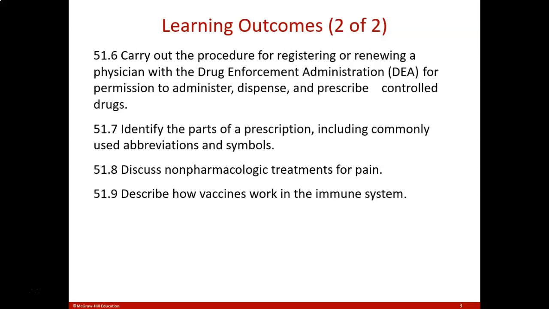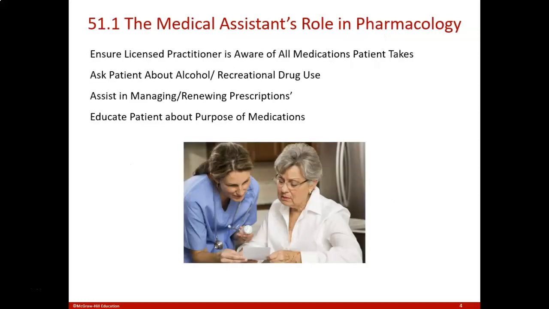Because we're talking about pain and narcotics in this chapter, there's a short section on non-pharmacologic treatments for pain. Then we'll talk briefly about vaccines and how they work with the immune system, and the difference between immunization and maybe a toxoid that's given. We'll get into a little more depth in that as we go further into chapters 52 and 53.